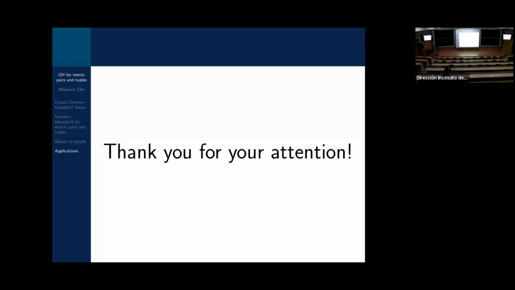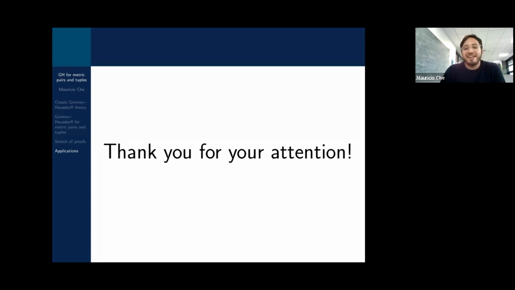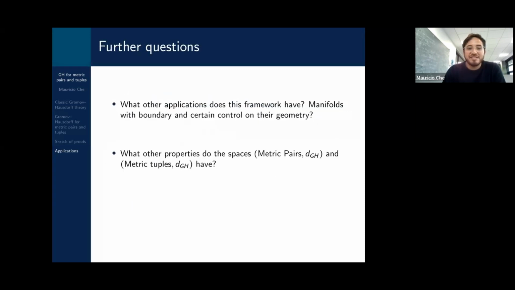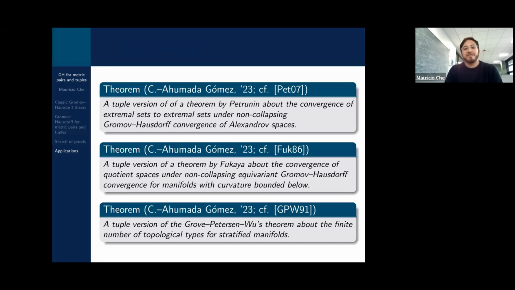Hi, Mauricio. Have you also extended the equivariant Gromov-Hausdorff distance for metric tuples? Not really. In the theorem that I mentioned here, probably that's why you're asking about that. What we do is we have an equivariantly convergent sequence, but not any sequence.